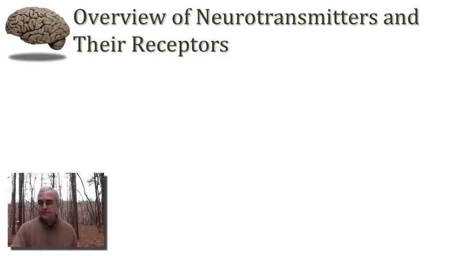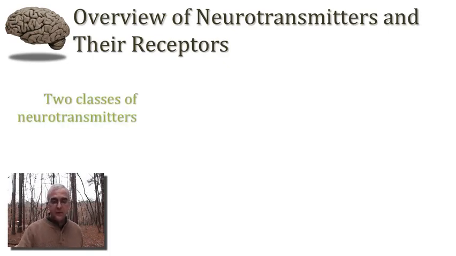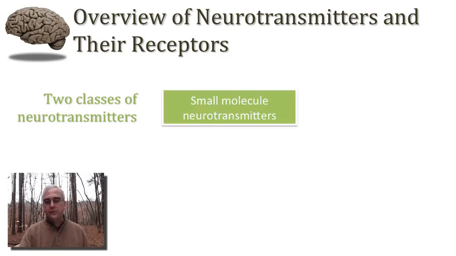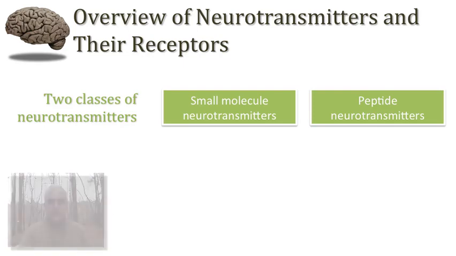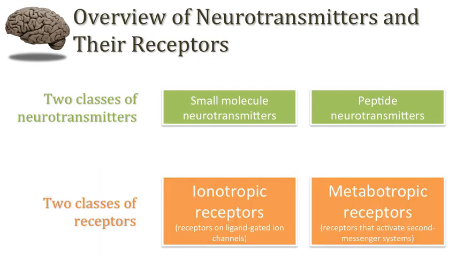Okay, lastly, let's just make a couple of points here in conclusion. We've talked about our two classes of neurotransmitters, our small molecules and our peptide transmitters. We've also talked about what we've called some unconventional neurotransmitters. These neurotransmitters interact with two classes of receptors: our ionotropic receptors, which mediate rapid synaptic events, since the receptor for the ligand is part of an ion channel complex, and metabotropic receptors that require the activation of second messenger systems.